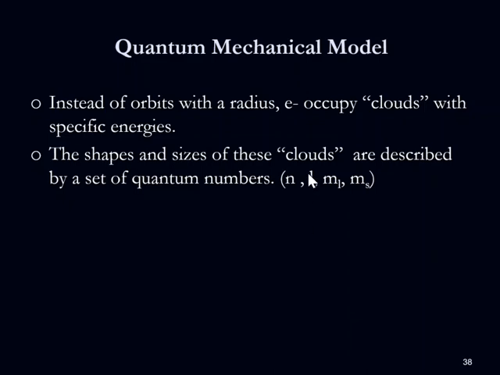It can be described by this L value, which talks about different shapes within that same energy level. It can be described as an M sub L level, which talks about which individual shape it holds, and then the spin. And in our class, we're not going to really deal with the quantum numbers. We're just going to talk about these orbitals as being s, p, d orbitals, those shapes.